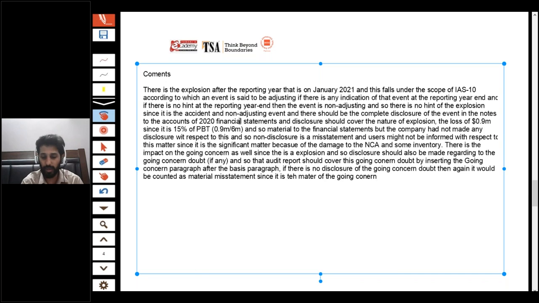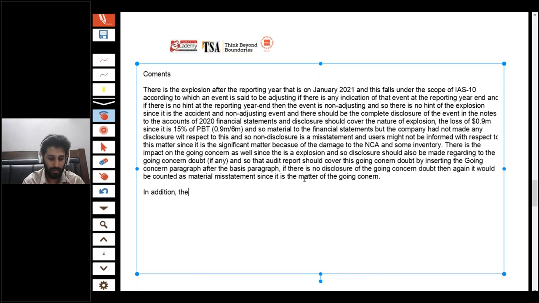One more important point is that furthermore IAS 37 is also being applied here, because IAS 37 says that you should recognize the asset when it is virtually certain.